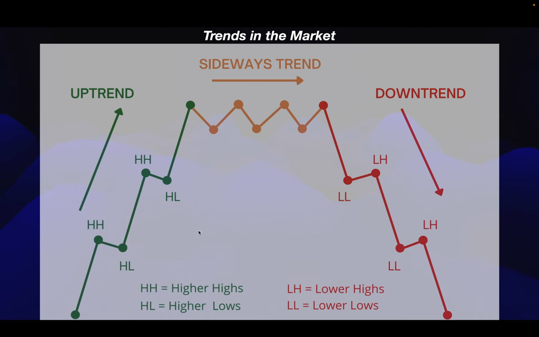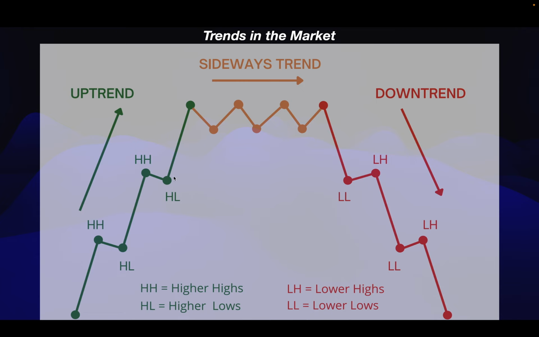The way the market shifts paradigm, or the way the market changes the way it's trending, is by breaking a higher low. So, as we can see here, it's creating a higher high, higher low, higher high, and then since it creates a lower low than this low, the market has changed structure and is now trending downwards.